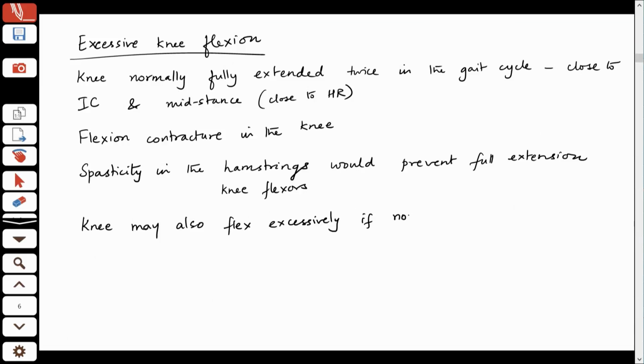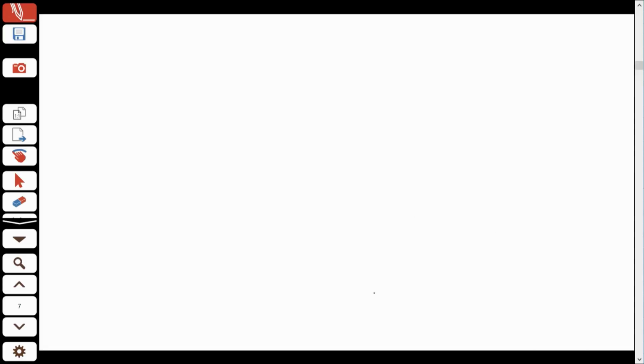If normal plantar flexion during the loading response is prevented, then you have a case of inadequate dorsiflexion control.